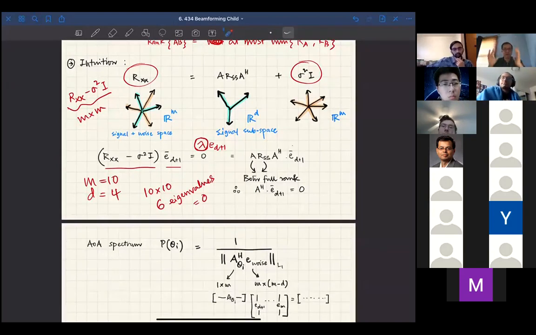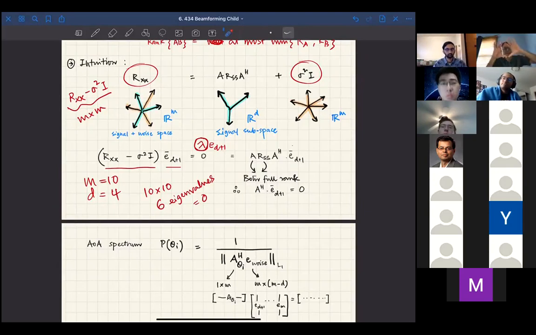That autocorrelation matrix, if we do an eigen decomposition of it, will separate out into a D subspace which has the signals in it, and an M minus D subspace which has the noise in it. And these are orthogonal, right?